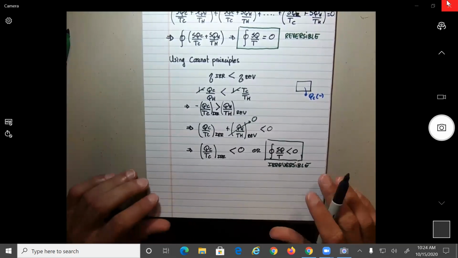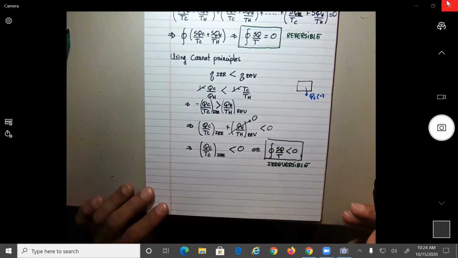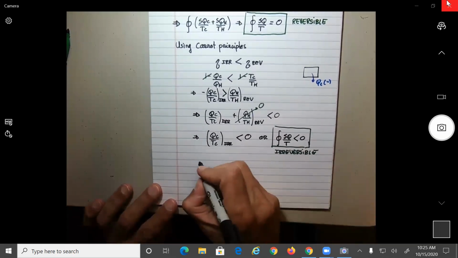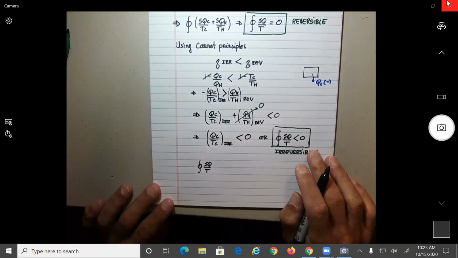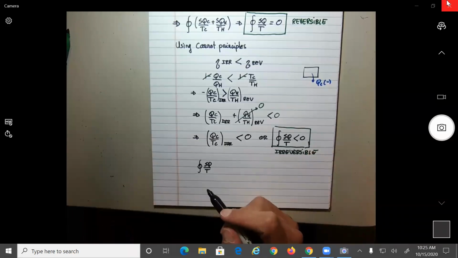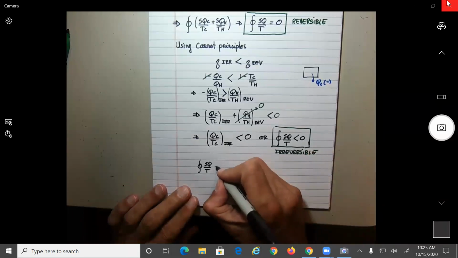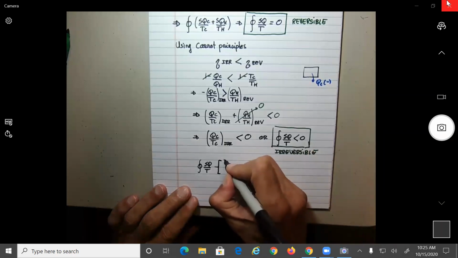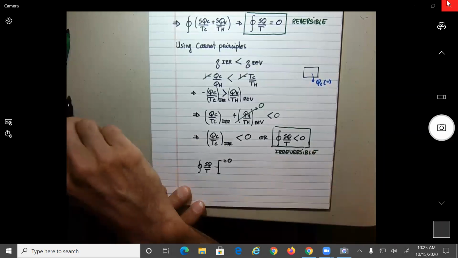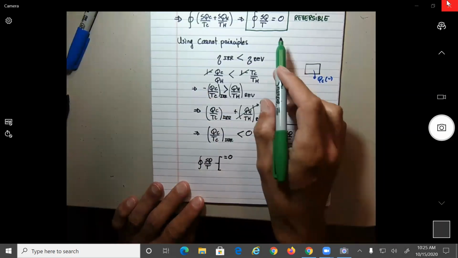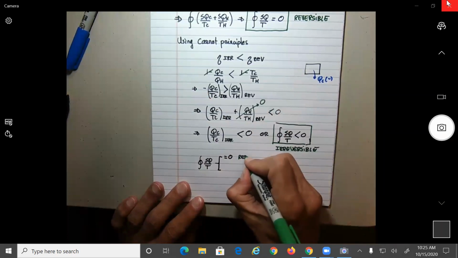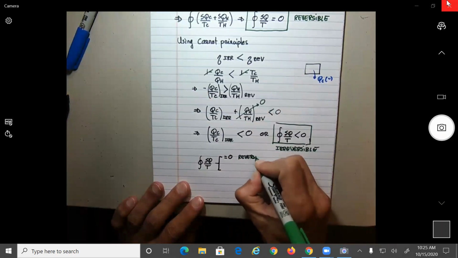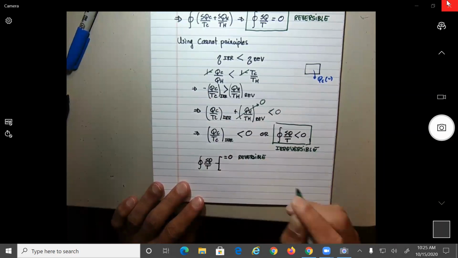What's important over here is to, at the end, find out that now we have a quantity, which is delta Q over T. If this quantity is equal to 0, what does that mean? That the cycle or the process will be reversible.